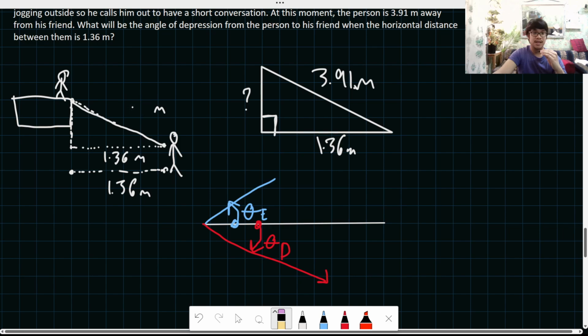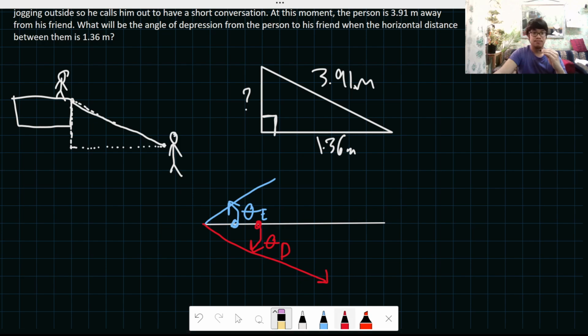Let me just erase the measurements so that it wouldn't be messy, like it's not complicated to look at. So where would we draw it? Here, actually, we can imagine drawing its parallel sides. We have a horizontal line, which is this one.